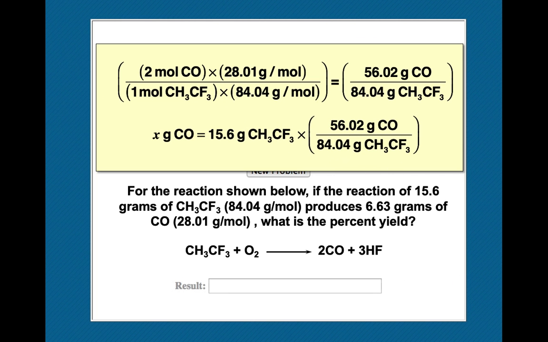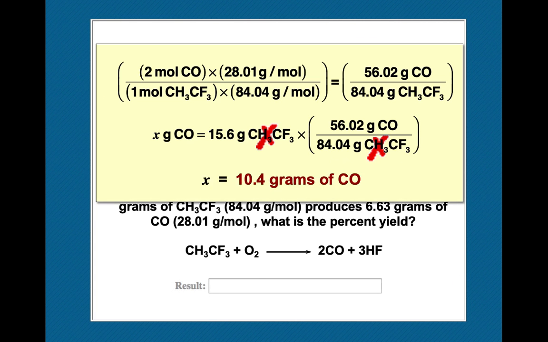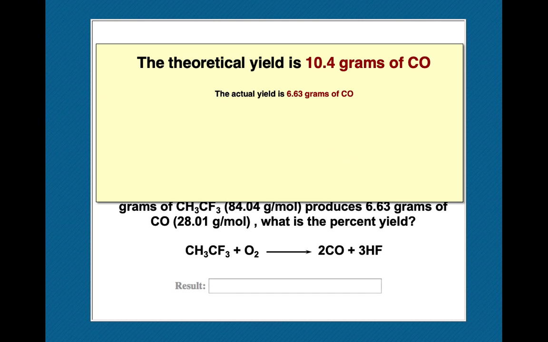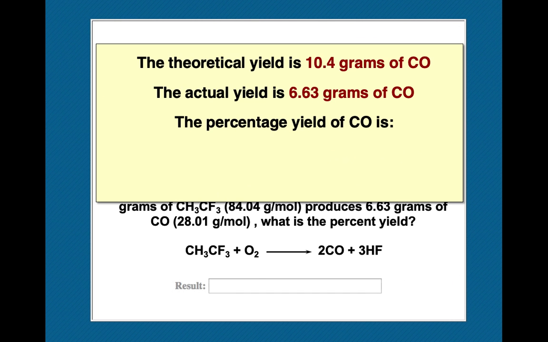Here's our given. Here's our ratio. Do the simple calculation. 10 grams of CO. That's our theoretical yield. Now, the actual yield, 6.6 grams, right? So, here's our theoretical. Here's our actual.